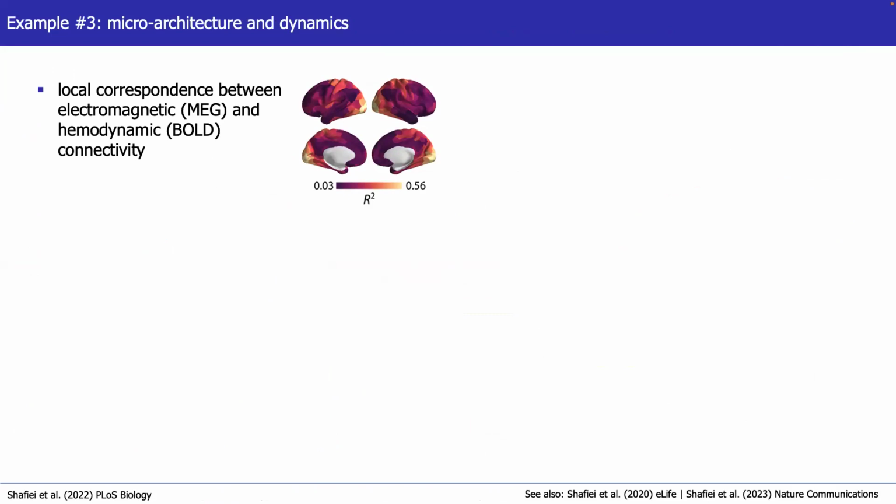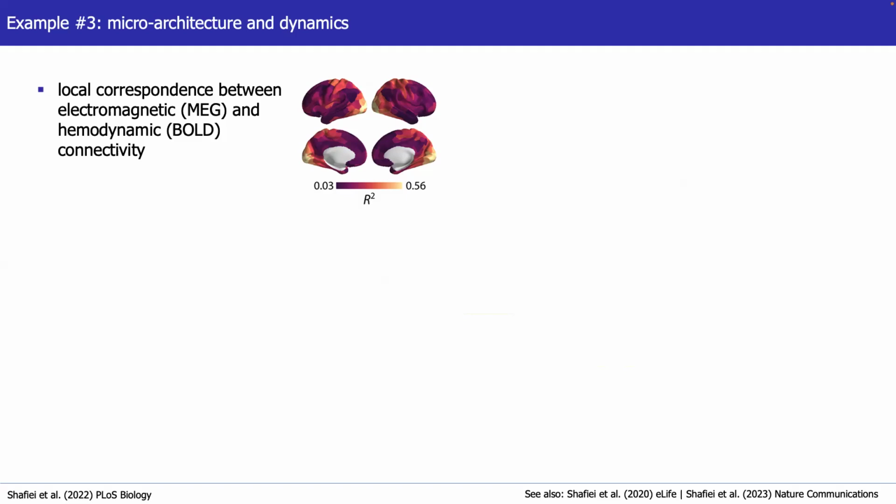This is another one where our lab is more broadly interested in the link between structure and function, and a lot of times function for us means dynamics. So this is a paper in which we were interested in the link between fMRI connectivity and MEG connectivity.